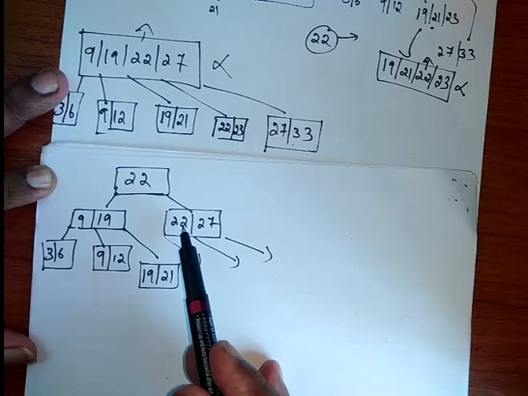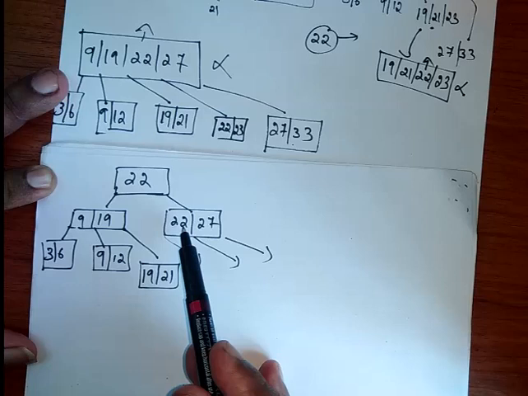I told you that we have a rule that all the values should be in the leaf level. Here you can see that if you put the remaining 2 nodes into this new level, this node becomes an internal node. So 22, 27 is actually inside the tree, it is a non-leaf node or internal node.